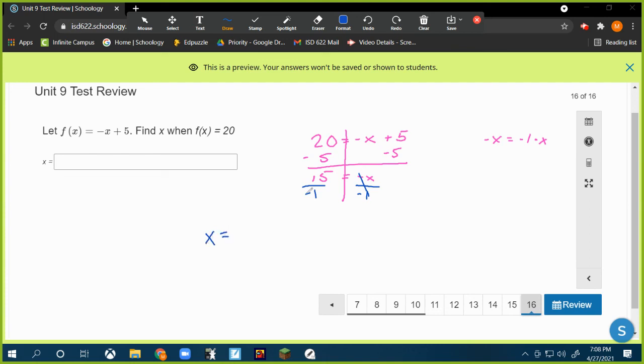I get x equals 15 divided by negative 1, which is negative 15. This one caught up a lot of people. So checking: x is negative 15, negative 15 plus 5 equals 20? Negative and negative is a positive, plus 5 equals 20. 20 equals 20. Check. Right answer. And that's your answer right there, negative 15.